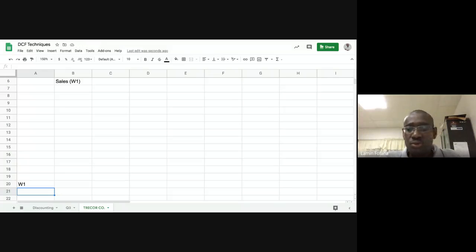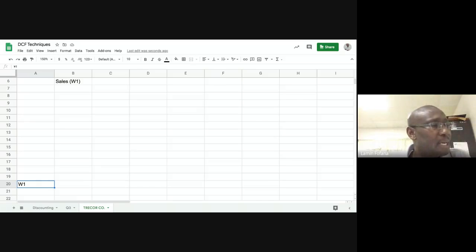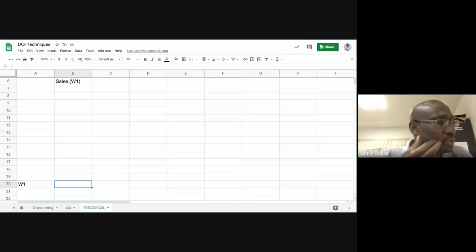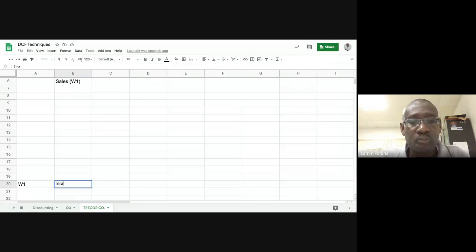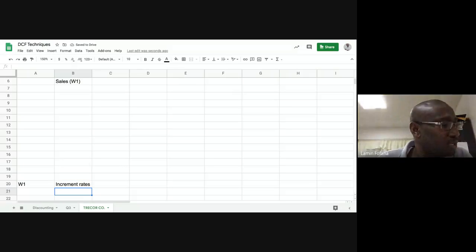Okay. So our W1 actually will be our rates. If you have any issues, always bring my attention to it. So the selling price increment. So W1 will be increment rates. The increment rates we've been given in the question, isn't it?